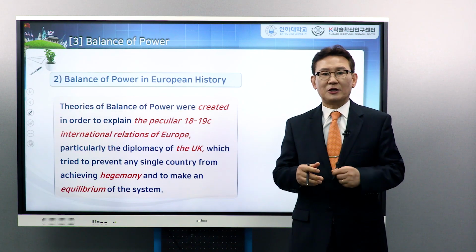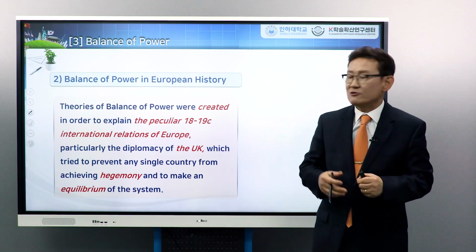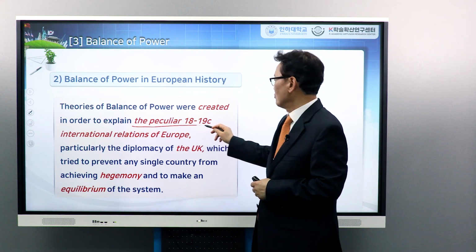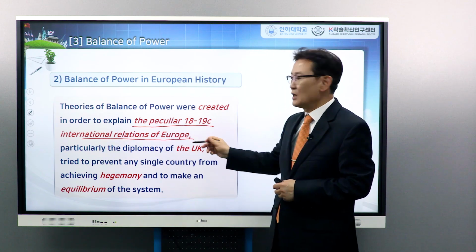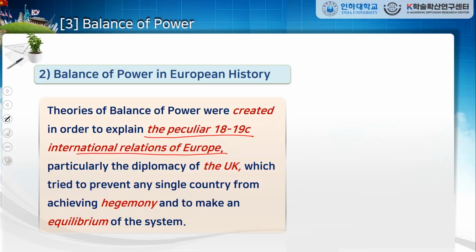So, balance of power in European history. The theory of balance of power was created in order to explain the peculiar 18th to 19th century international relations of Europe, particularly the diplomacy of the United Kingdom. The UK tried to prevent any single country from achieving hegemony in the continent and to make an equilibrium of the European system.